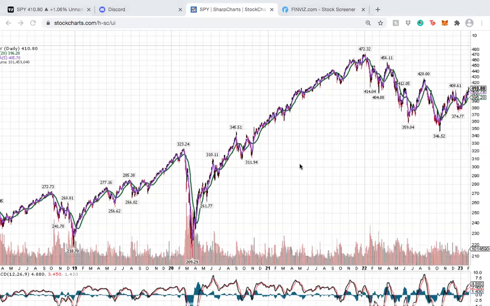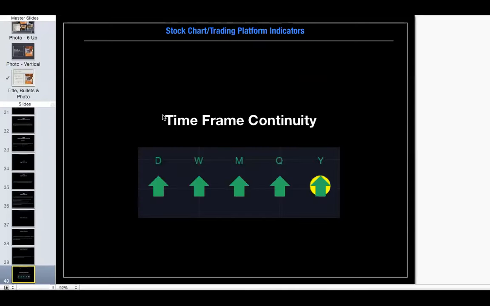So switching back over to those Keltner channels, the last thing really for this side of things is time frame continuity. I don't trade the Strat, but this is more Strat related. Kia uses it, Ray uses it, all the people in the Strat use it, I use it. Not so sure about Chris or Crystal.